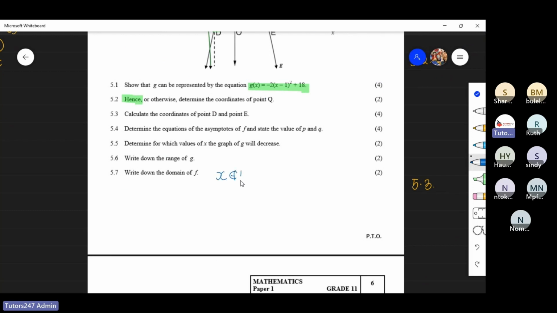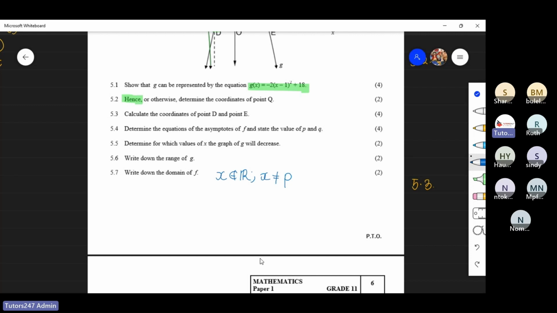x an element of real numbers where x is not equal to p, because our function is going to touch every single value of x. A hyperbolic function touches every single value of x and every single value of y except the asymptotes. That is why we say x an element of real numbers, meaning all the x values except p, which is the asymptote.